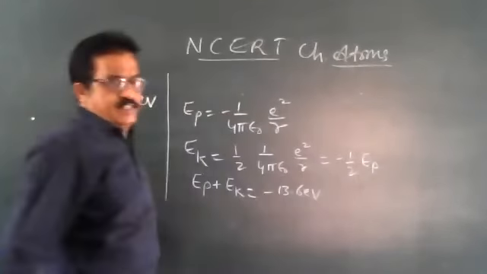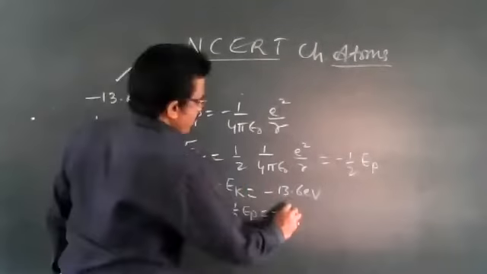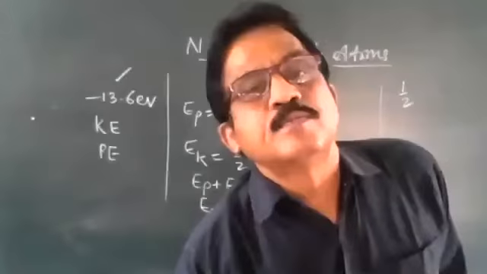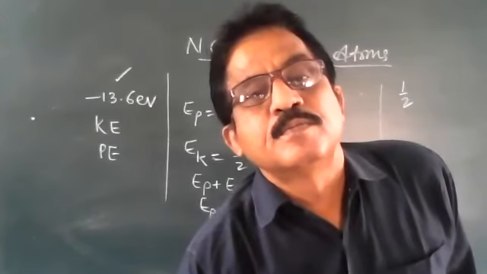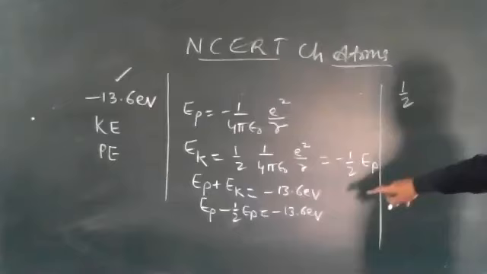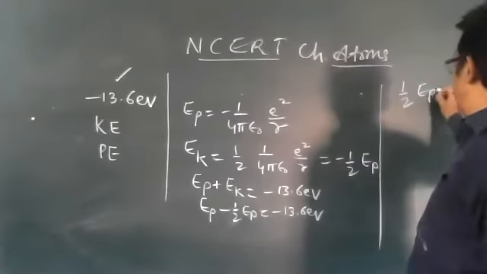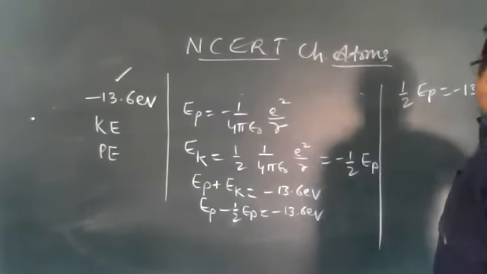Put the value of EK here, minus 1 by 2 EP. So EP minus 1 by 2 EP is equal to minus 13.6 electron volt. This gives, children, 1 by 2 EP is equal to minus 13.6 electron volt.